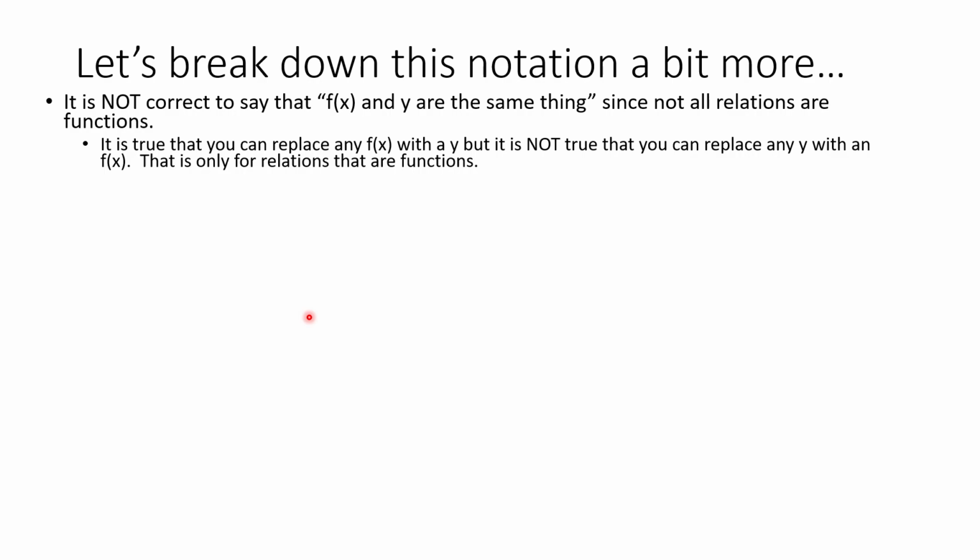The reason f of x and y are not the same thing is because not all relations are functions. Not every equation with an x and a y in it fits that very specific definition of for every x, there is only one y that goes with it. Now, it is true that you can replace any f of x with a y. I tell my students that all the time.